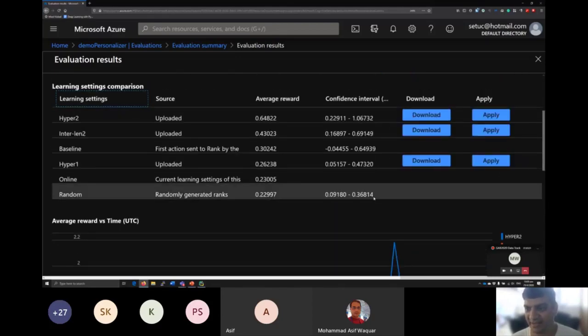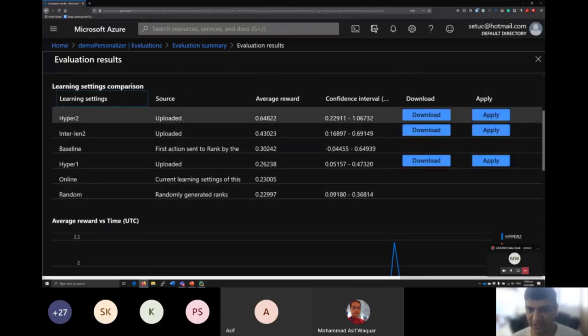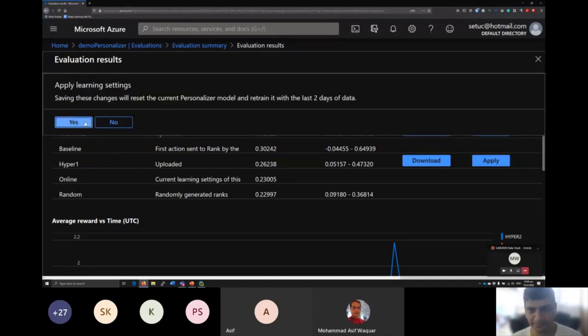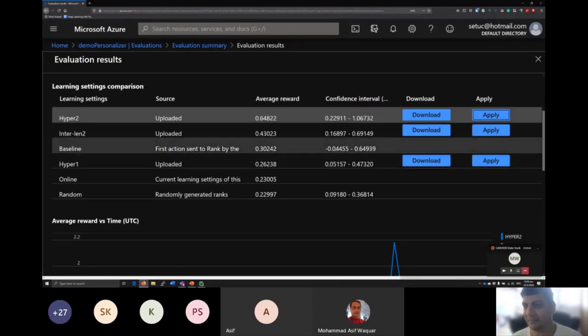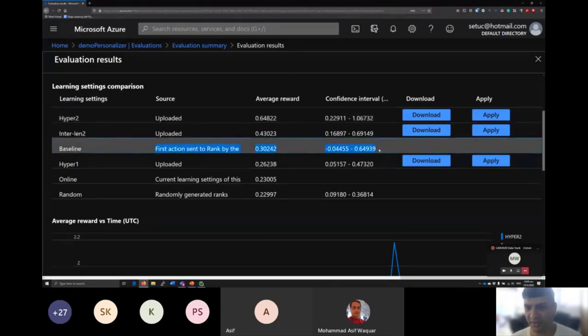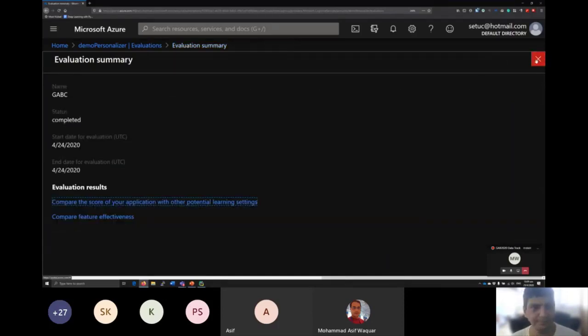And I do find that this Hyper 2 logic seems to give me a better reward overall, right? And I could just hit apply, and it will retrain the model using this Hyper logic. It's not going to pick my choice over here, which is supposedly my baseline, right? So my Hyper 2 essentially does give me a better performance, and I could do that, right? And that's something that I can evaluate over a period of time as well.